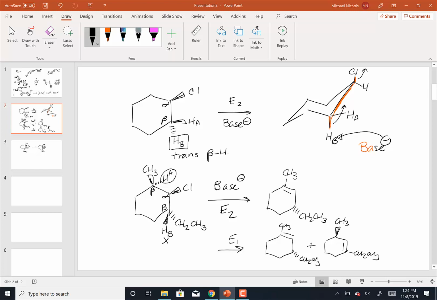So the other difference between E1 and E2 is the stereochemistry of the beta hydrogen. For E2, it's got to be antiperiplanar, in a ring system trans. In E1, it doesn't have to be. You can lose any beta hydrogen because it can always orient itself coplanar to either one of the empty lobes.